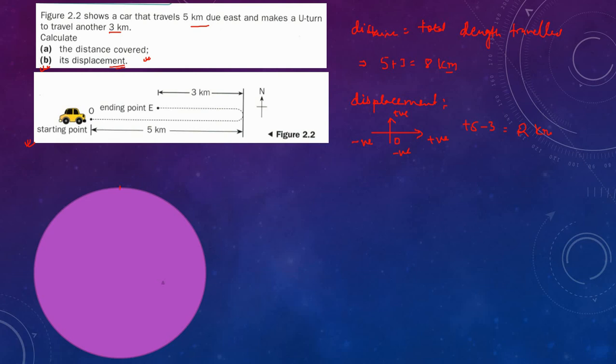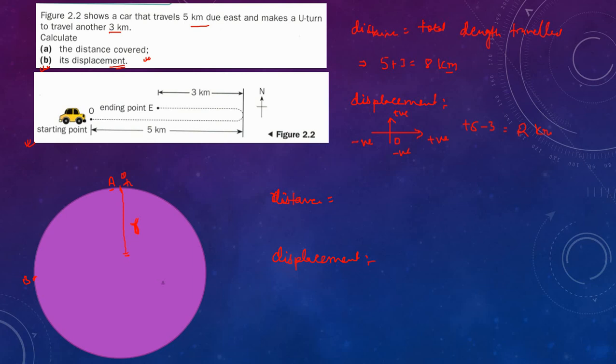Suppose a bicycle or a person is traveling from point A to point B. If the radius is R, and the boy is traveling from point A to point B in a circle, if you know the radius, what will be the distance traveled, and what will be the displacement? Pause the video and think about it.